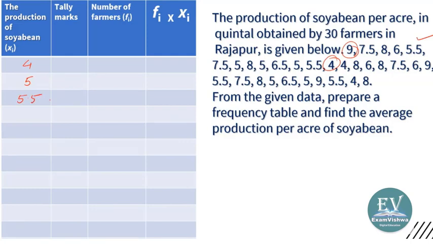You are having 6 here. Are you having 6 something? Yes, 6.5 is also there. 7 is there or not? No 7, all are 7.5. We will write 7.5. Then 8 is there, you can see. 9 is also there. Enough. With 9 different varieties, and we will start marking.